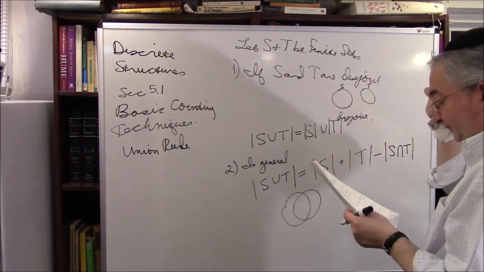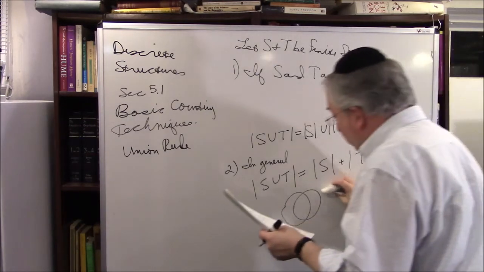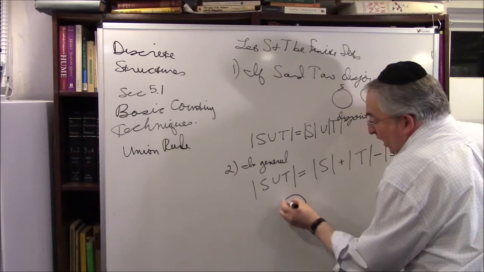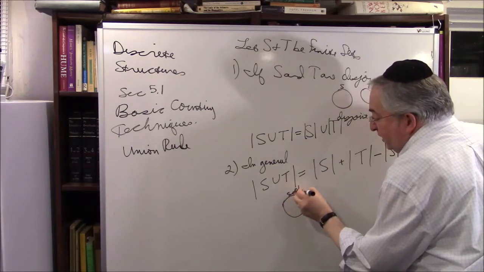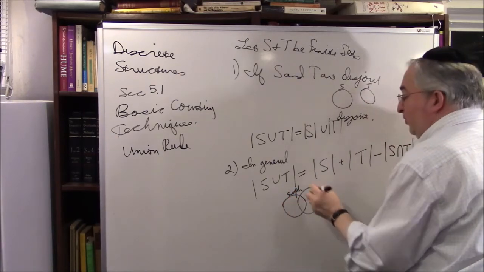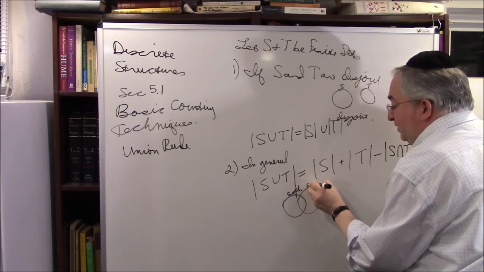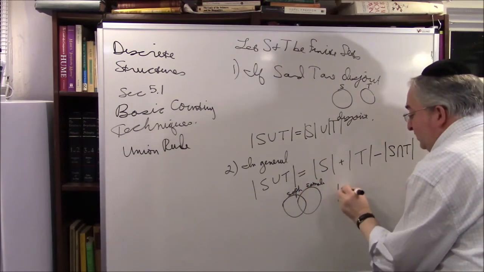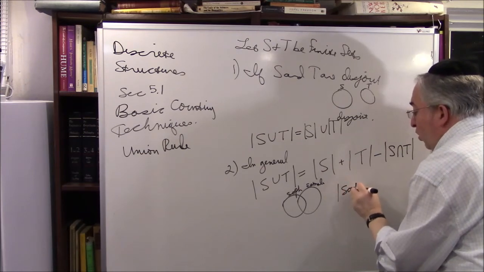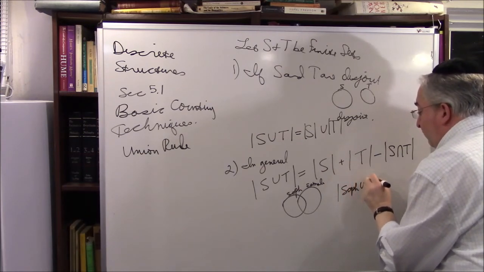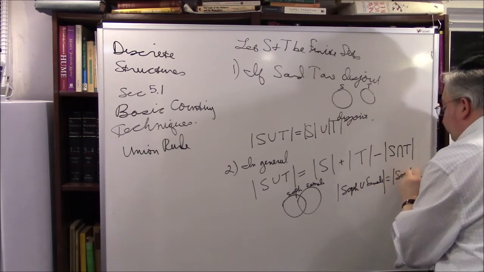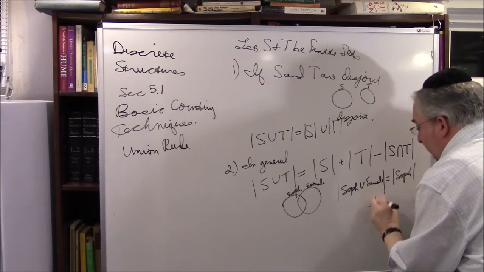Okay, let me just give you a quick example of this. We have this class, so we have the number of sophomores in this class, and then we have the number of females in this class, as opposed to male. So the number of sophomores or females is equal to the number of sophomores plus the number of females.